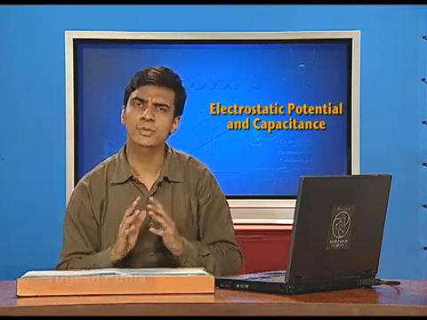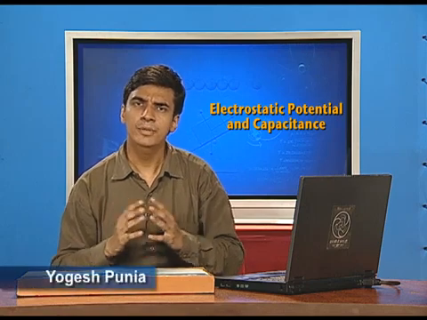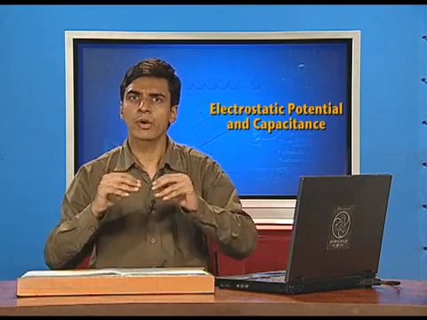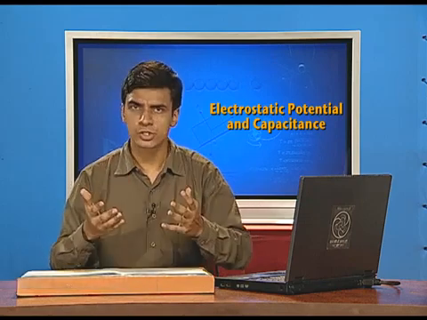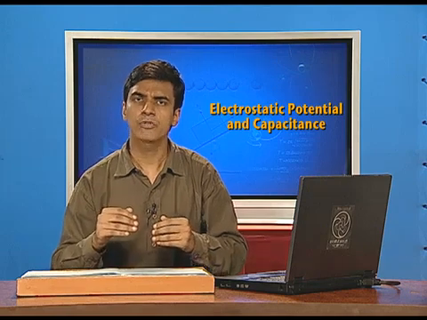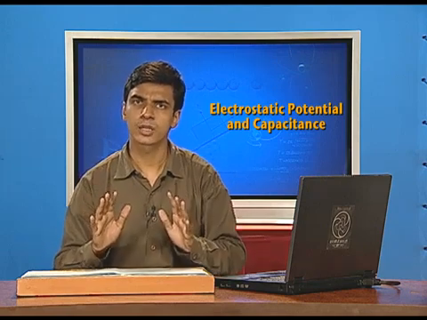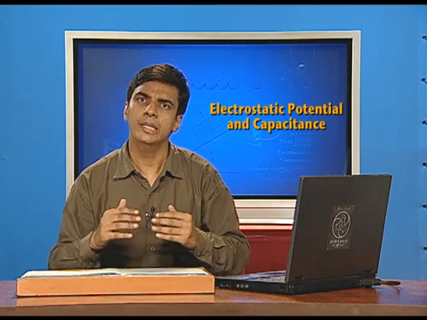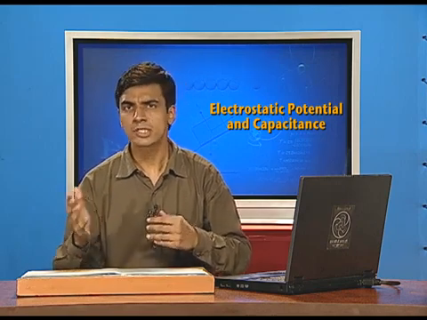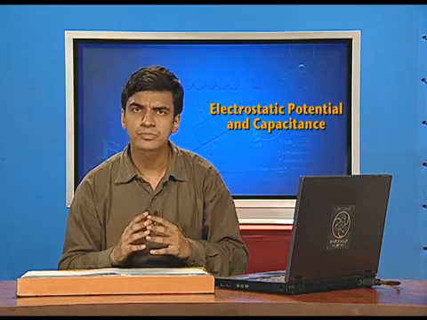In our previous episode we discussed what the electrostatic potential, or in short the electric potential, of a single charge will be, and how a dipole will behave if I bring some test charge in its vicinity.